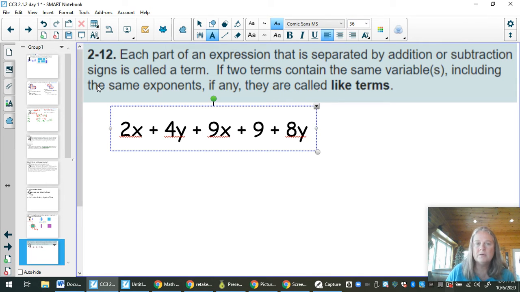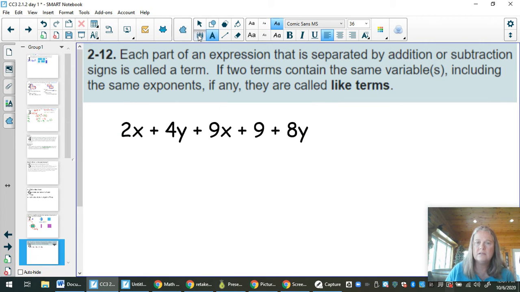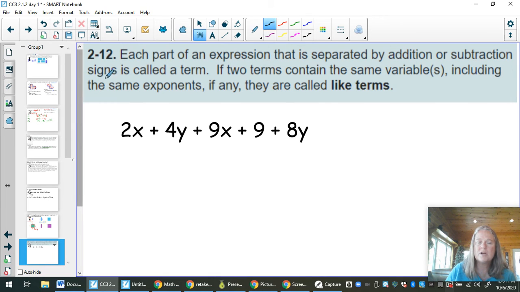In this problem, each part of the expression, this is an expression because there's no equal sign there, each piece that's separated by an addition or a subtraction sign is called a term. So 2x is a term, 4y is a term, 9x is a term, 9 is a term, 8y is a term.